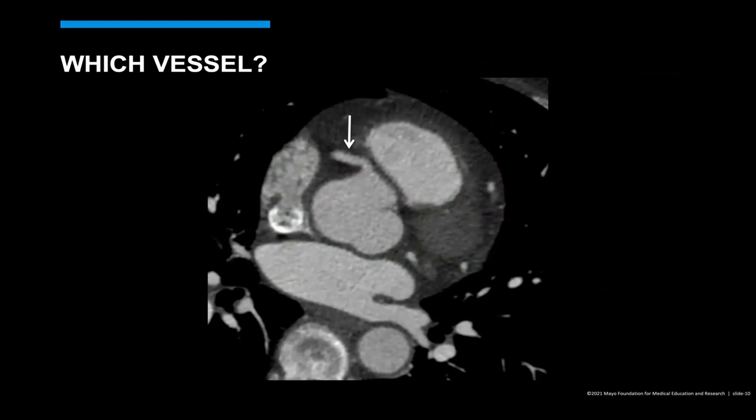So this would be the right coronary artery coming off the right coronary cusp. Exactly. And one of the things that I always try to emphasize to first year radiology residents is that radiology is really all about anatomy.